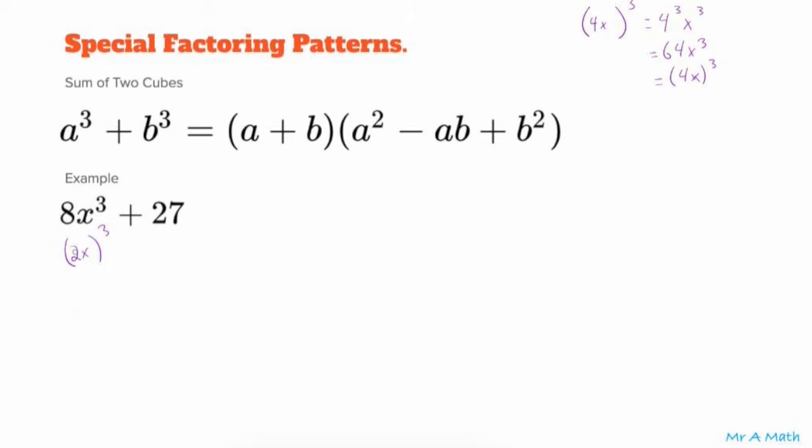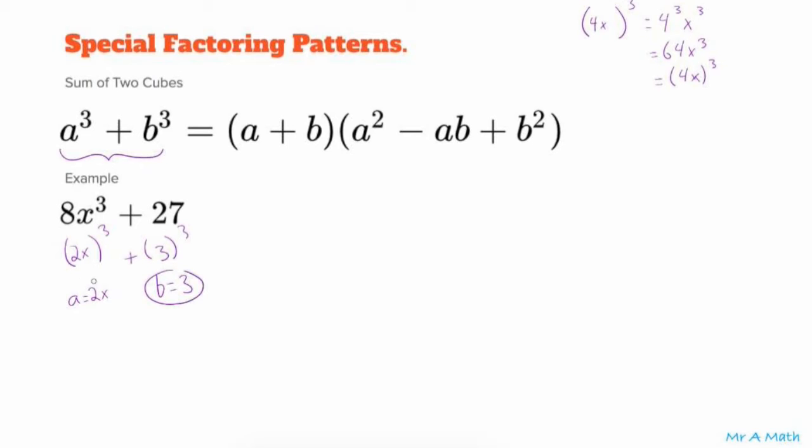So I can rewrite it like this: 2x raised to the third power plus what number raised to the third power is equal to 27. And if we take the third root of 27, we get 3. So that means if I'm looking at this expression, a to the third plus b to the third, a is equal to 2x and b is equal to 3.